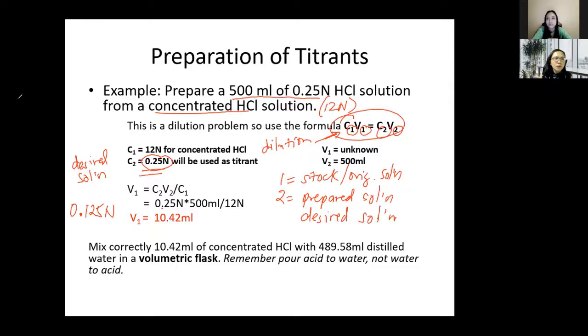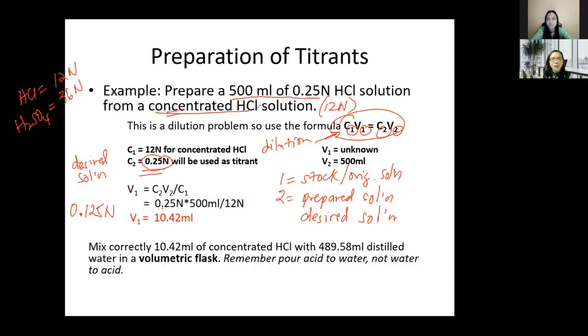Yan. So these are the common acids. HCl is 12 normal, and then your sulfuric acid naman is 36 normal. Yun yung ating mga common na concentration ng concentrated acids. Okay?